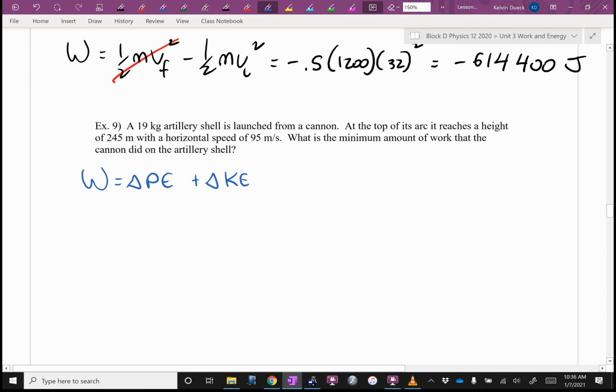What's the projectile's initial speed while it's on the ground before we pull the trigger? What's its final speed, apparently? Maximum speed, 95. So both of these are not 0. Karn, what's changing anything? So this is going to end up being PE final minus PE initial, and then a plus sign. KE final minus KE initial.